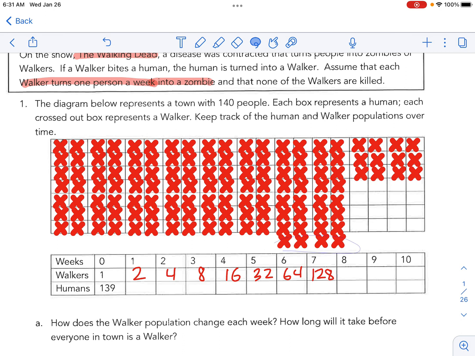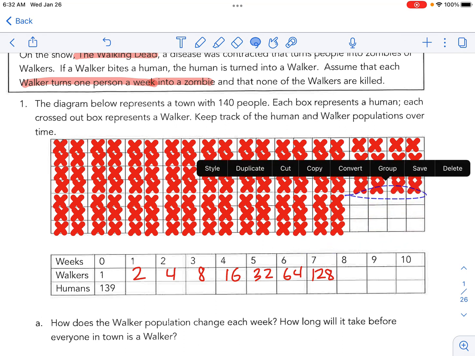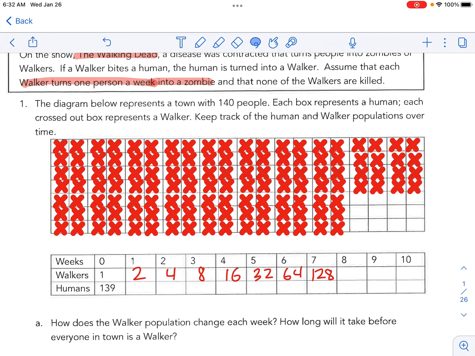So the idea is if we had an unlimited population, these 128 zombies could continue to bite, and we would have 256. But at this point, because we're in this small town, and there's nobody coming in and out of this town, like these really bad movies, we're up against a population limitation.